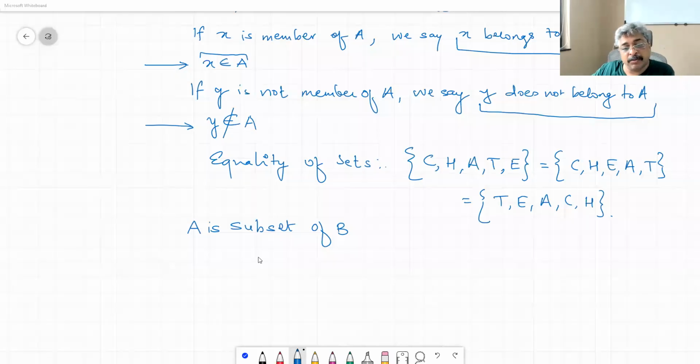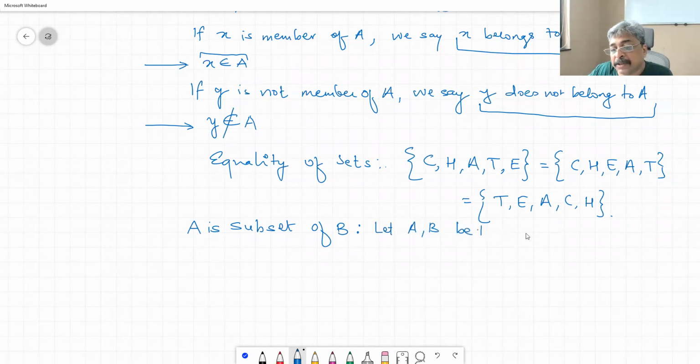A is a subset of B. Let A, B be two sets. This is important. If they are not sets, then there is no question of one being a subset of the other. So A, B are two sets, and A is said to be a subset of B.